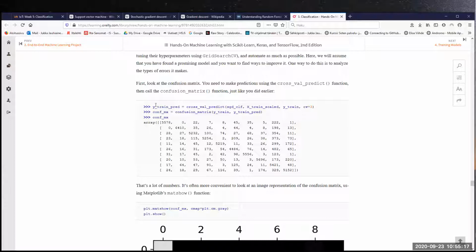So here in each row you have the true number, and in each column you have the predicted number. So this means that in the diagonal you see the true positives.